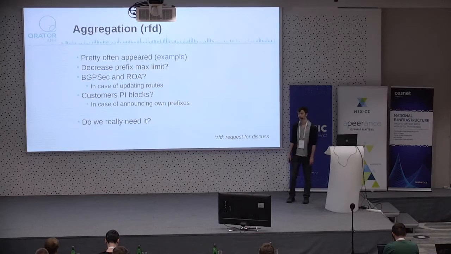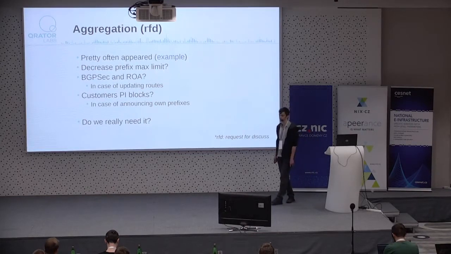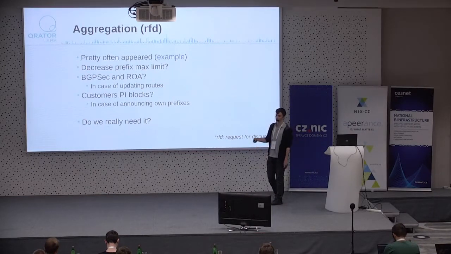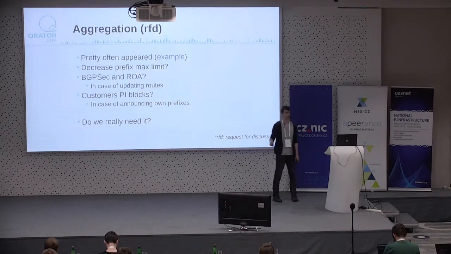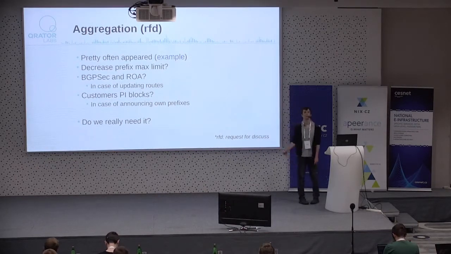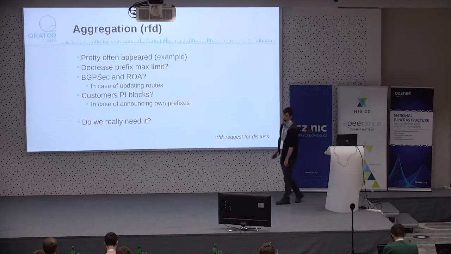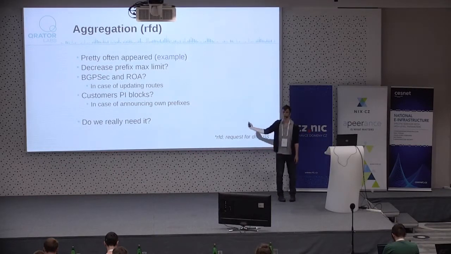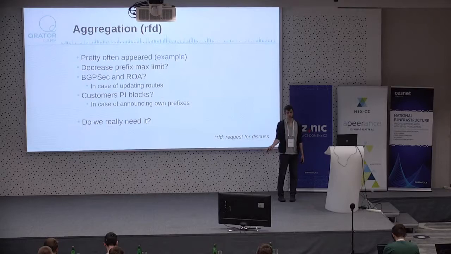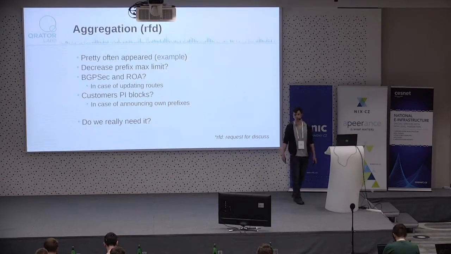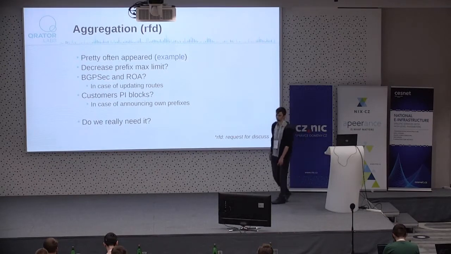And it has the same problems as a static prefix whitelist, so it will have some problems with provider independent blocks, and also with multi-homed customers. Also, you see a label on this presentation, and I really hope that I get some feedback about the questions that are highlighted in slides with this label.